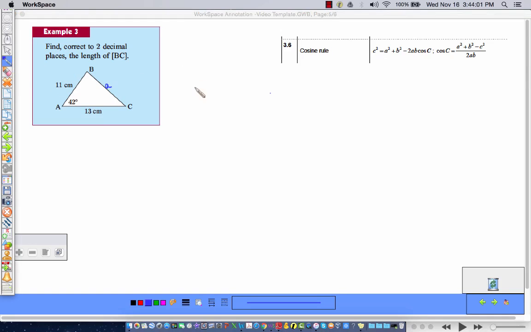So in this case, you could totally rewrite it very simply. a squared is equal to the sum of the other two sides squared, b squared plus c squared, minus 2bc times the cosine of the angle opposite the side that you're looking for. It's just the same letter, capitalized to represent an angle. So it's really very easy to follow.